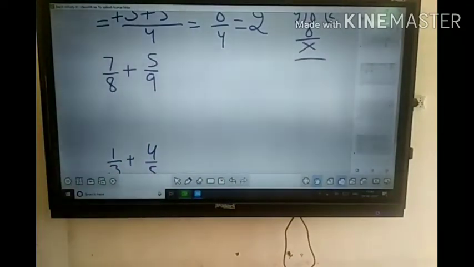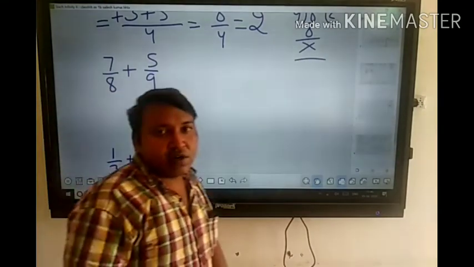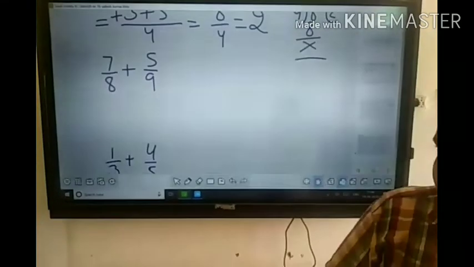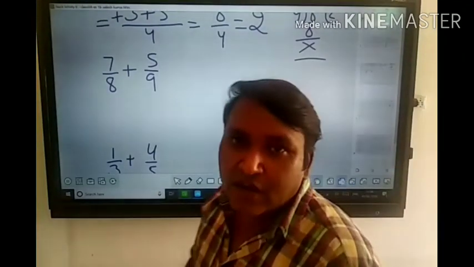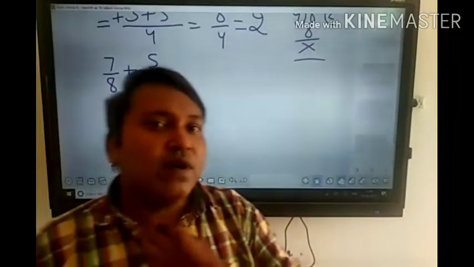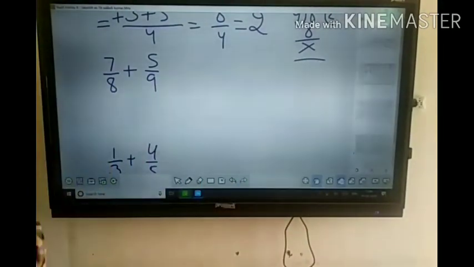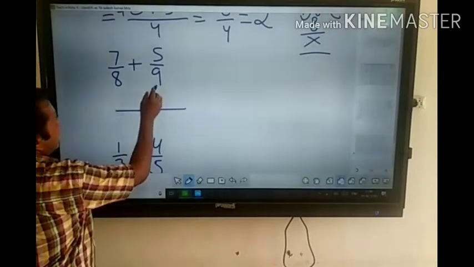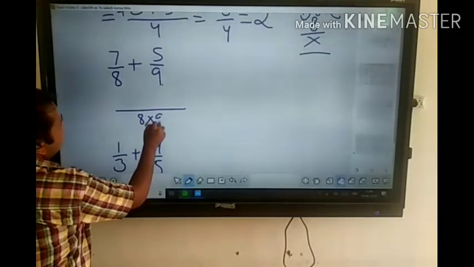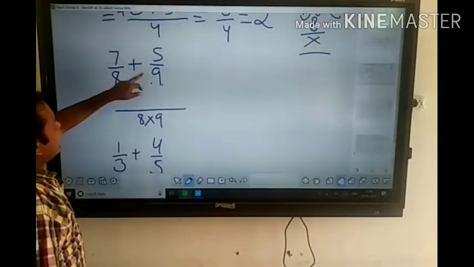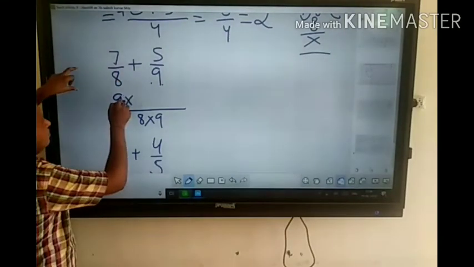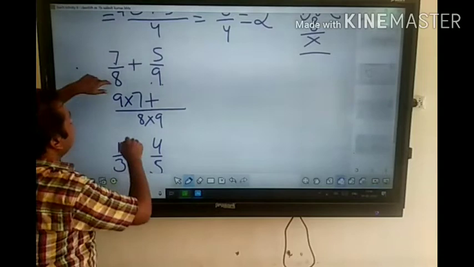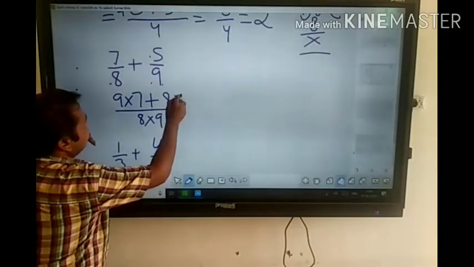Now the next one is 7 by 8 and 5 by 9. In this case the fraction denominators are not the same. Therefore we will apply cross multiplication in case of two fractions. So 8 multiply 9 and 9 multiply 7 plus 8 multiply 5.